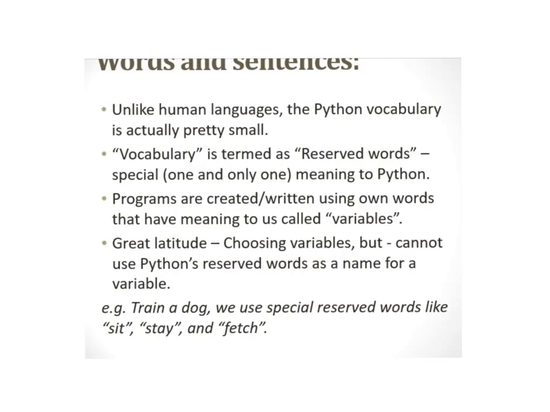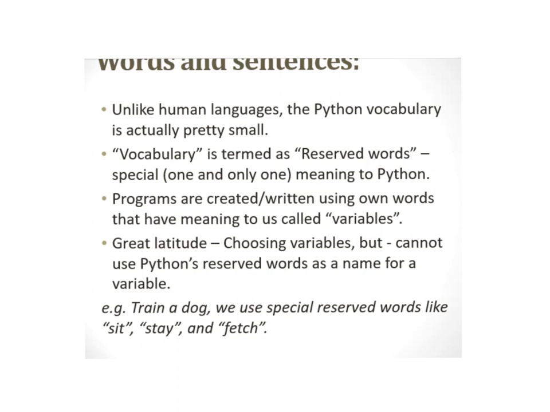Words and sentences. Unlike human languages, Python vocabulary is actually pretty small, a kind of reserved words. We have a certain amount of restricted words, just like your MS Word dictionary. We have certain reserved words with only one meaning to Python, and those can be understood only by Python. Programs are created or written using our own words that have meaning to us, called variables.